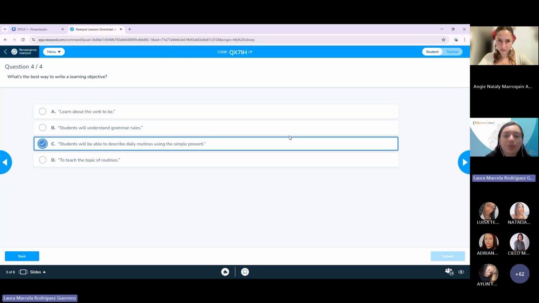So it should be measurable. So by the end of the lesson, ideally, here you have the objective that is to describe the daily routines using a certain topic. Yeah, it has to be specific, measurable, and you have to also describe the time at the end of the lesson or at the end of the unit. So that's the idea.